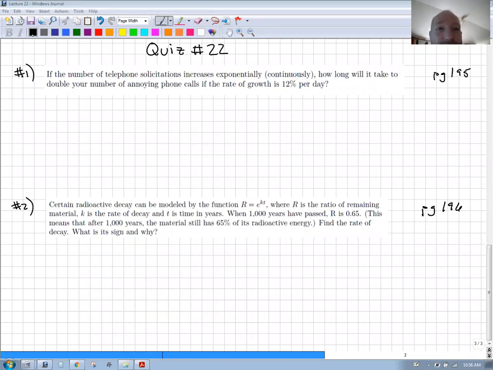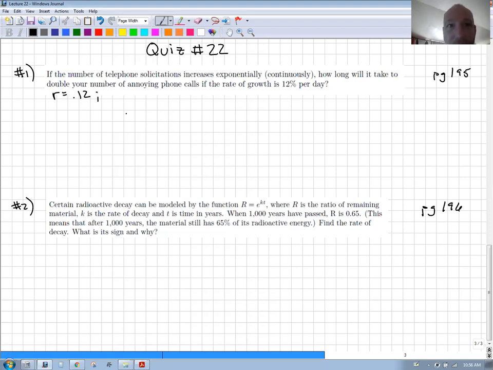So number one, if the number of telephone solicitations increases exponentially, continuously, how long will it take to double your number of annoying phone calls if the growth rate is 12% per day? All right, so we have a rate of 0.12.